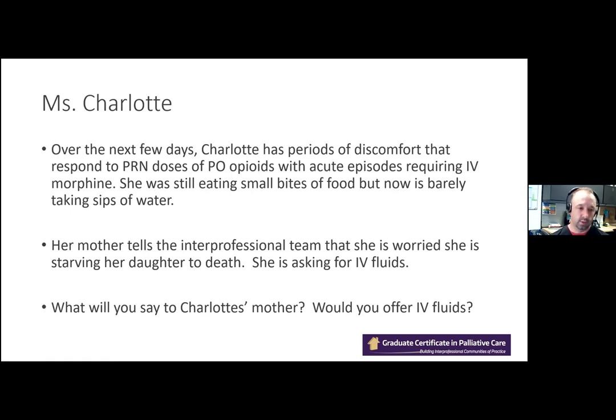Her mother tells the interprofessional team that she's worried that she's starving her daughter to death. She's asking for IV fluids. What will you say to Charlotte's mother, and would you offer IV fluids? So this is maybe another time to pause and really think about that. What would you say, and would you offer? Okay.